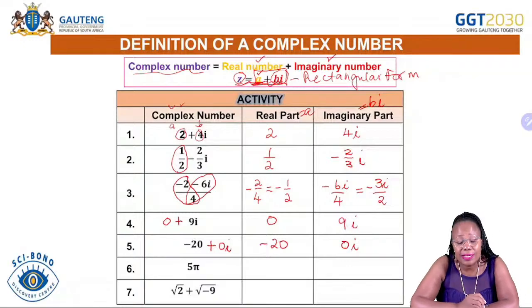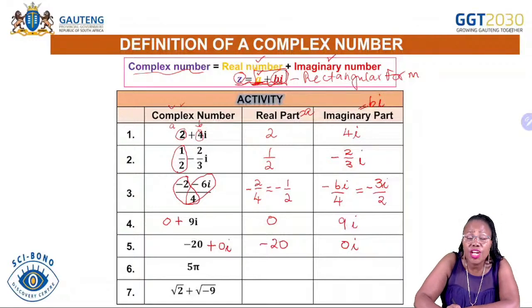And then number 6 now, check notation again, a plus bi. Look at that, that is a 5 pi. Remember, pi is the number 22 over 7, remember? So it's 5 times 22 over 7, actually here. Now look at i. Do you have an i?